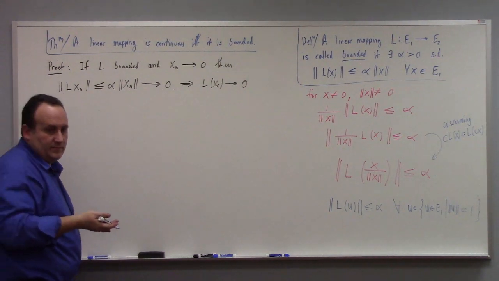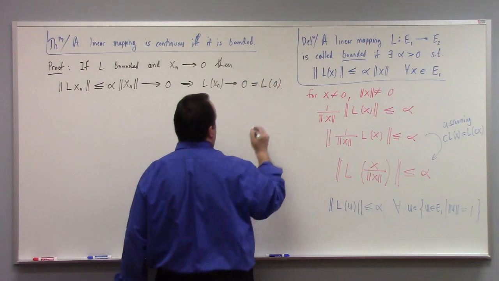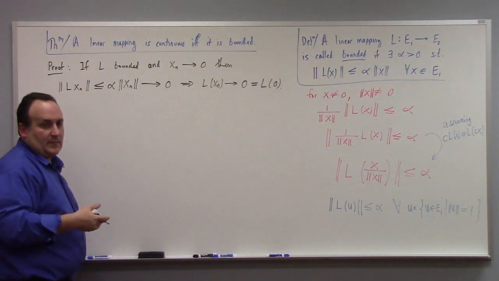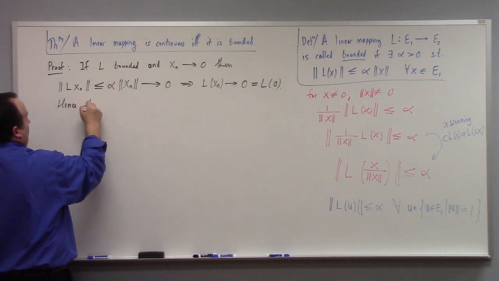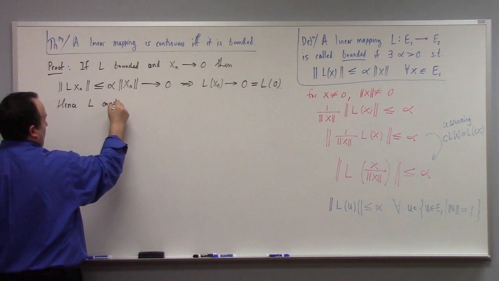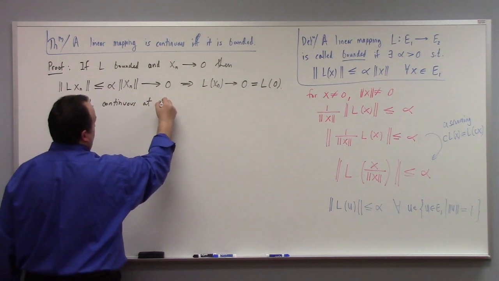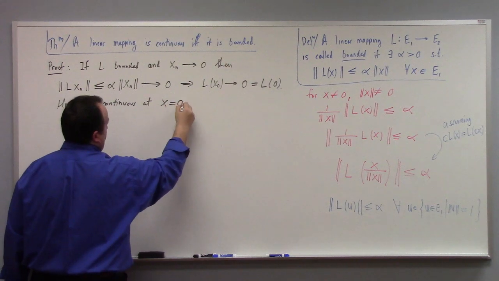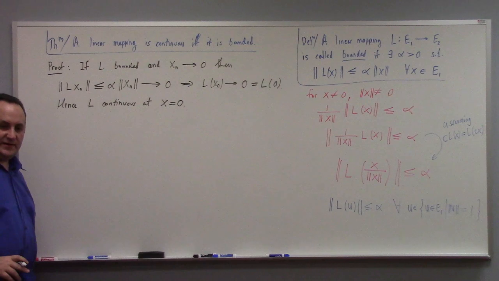What is 0? By the way, it's equal to L of 0, right? So what does this prove? Hence, L is continuous where? At 0, right? So it's continuous everywhere since it's linear.